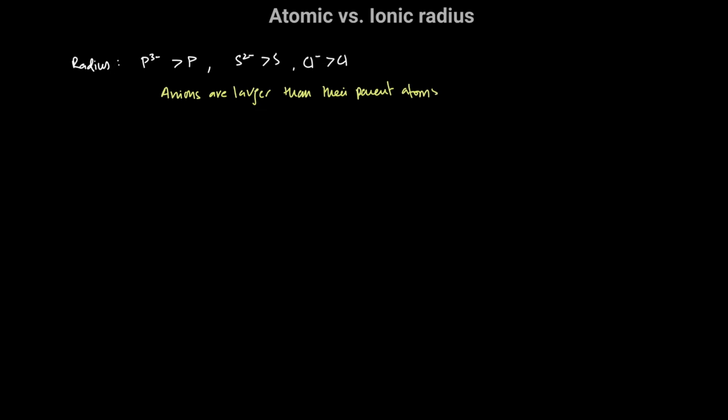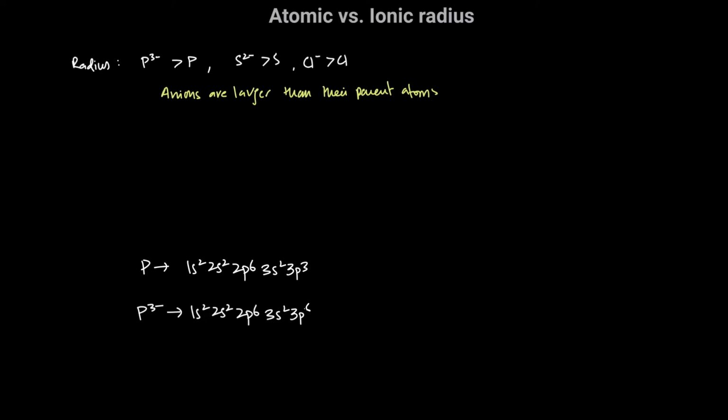Now to understand this, we're going to look at the configuration of these atoms and the ions. If you look at a phosphorus atom, the configuration is 1s2, 2s2, 2p6, 3s2, 3p3. Whereas the phosphide ion, P3-, has 3 extra electrons, so its configuration is 3p6, the same configuration as argon.